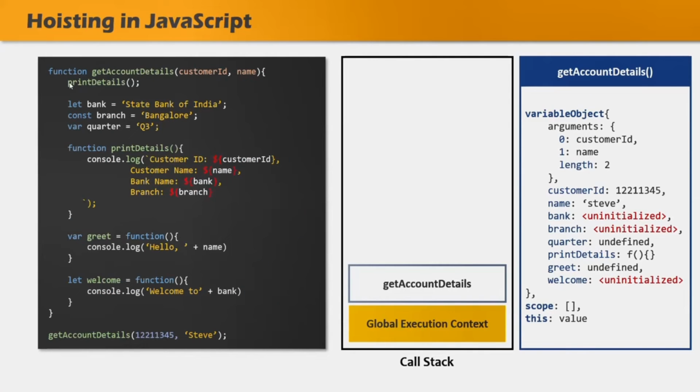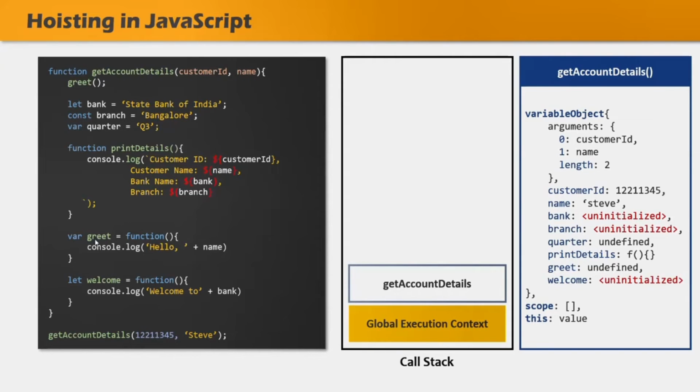So when we called this print details function, the JavaScript engine checked with this property name if we have any property inside this variable object. We have that property, and it is storing a pointer to that function definition. So when we call this function, it is going to execute that function. But this greet function is created using function expression syntax.